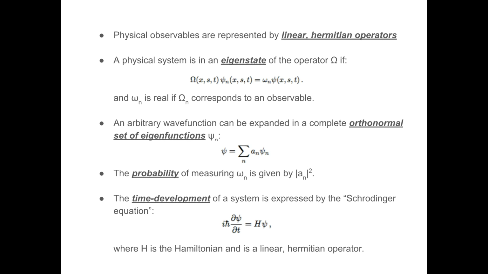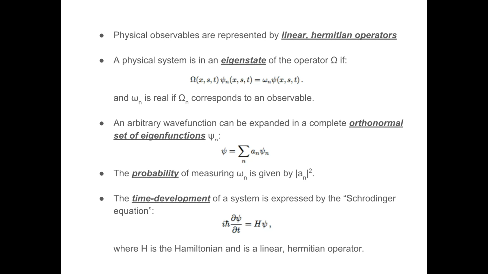Typically, if we're dealing with a Hamiltonian, and the Hamiltonian commutes with this operator, then we find it advantageous to choose the eigenbasis of omega as the eigenbasis of the Hamiltonian. Right? And so in general, we can always decompose a general wave function in terms of eigenfunctions of some operator times some coefficients, and those coefficients are like the projection of our original wave function along some particular axis.